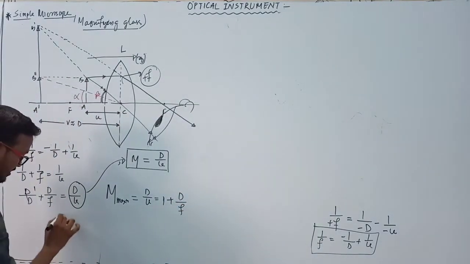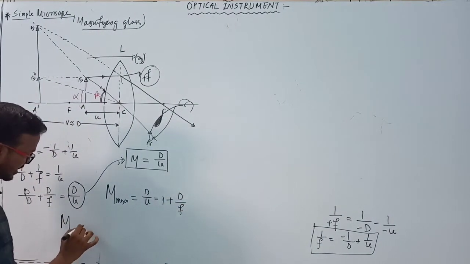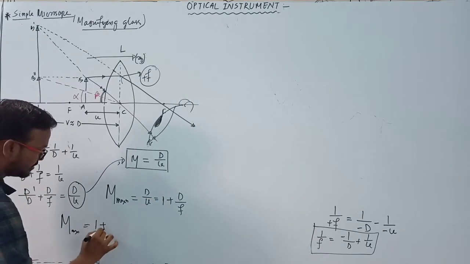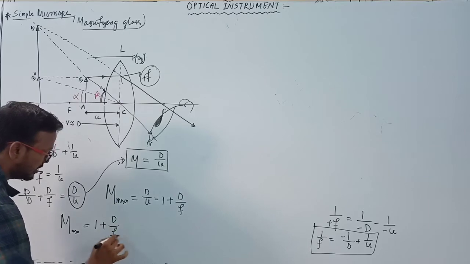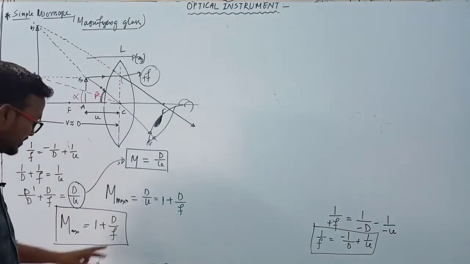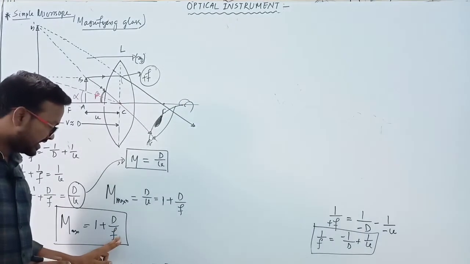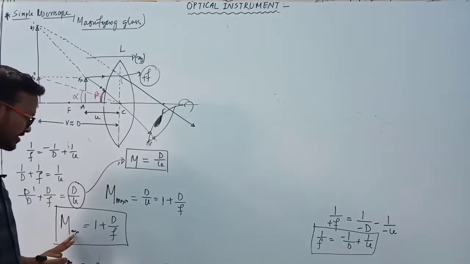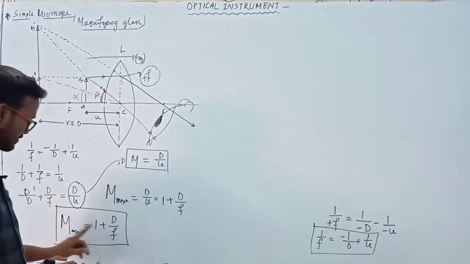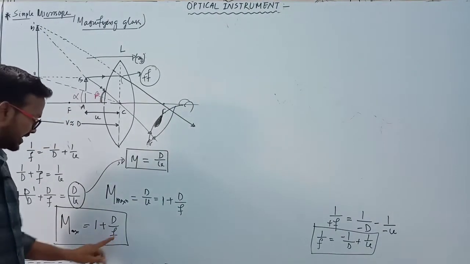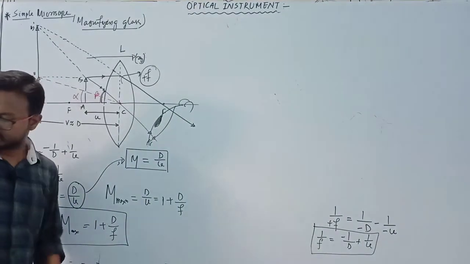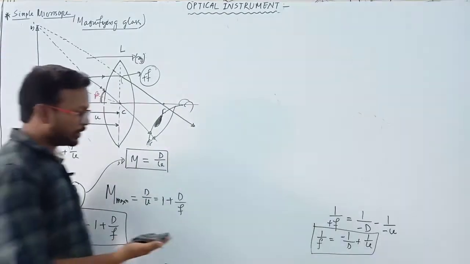So the maximum magnification in case of a simple microscope is 1 plus d by f. You have to remember this relation. Clear? Okay. If we increase or decrease the focal length, then the magnification decreases or increases. If the focal length decreases, the magnification increases, and if the focal length increases, the magnification decreases. This is the maximum magnification in case of a simple microscope.